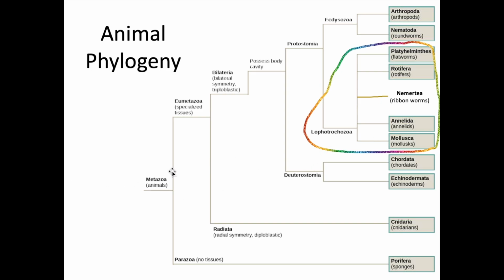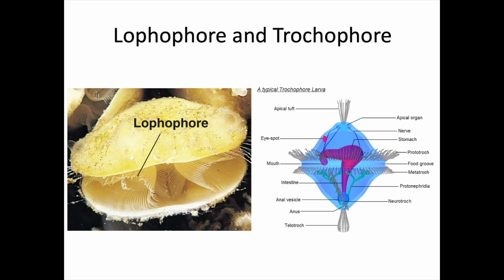So this Lophotrochozoa is a superphylum taxon. Okay, what does it mean to be a Lophotrochozoan? Well, members of superphylum Lophotrochozoa have either a lophophore or a trochophore, hence the Lophotrochozoa.